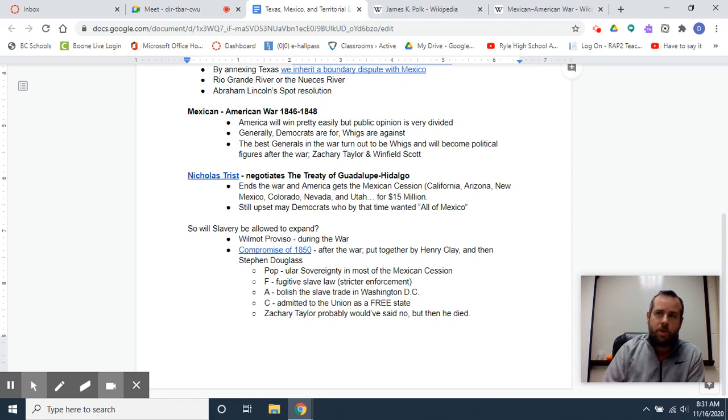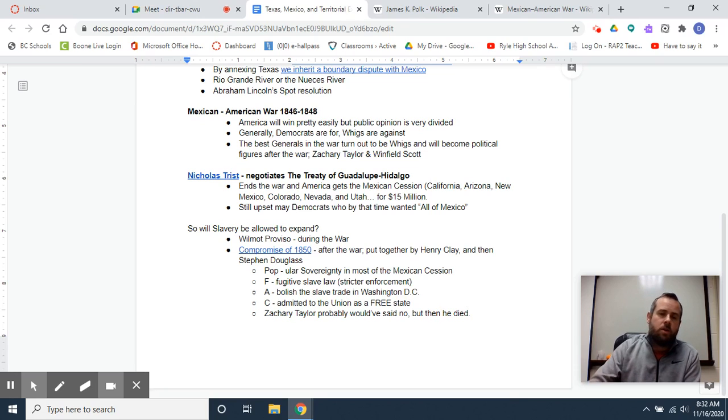After the war, when Polk doesn't run again, Zachary Taylor is going to become president, and then Winfield Scott will be the Whig candidate for president in 1852. So these Whig generals who wage a good war in terms of success are going to play that into political prominence.